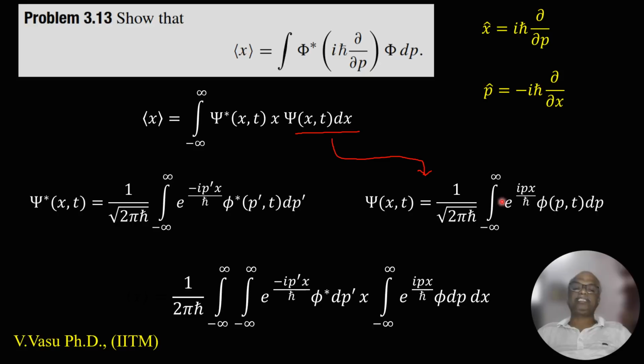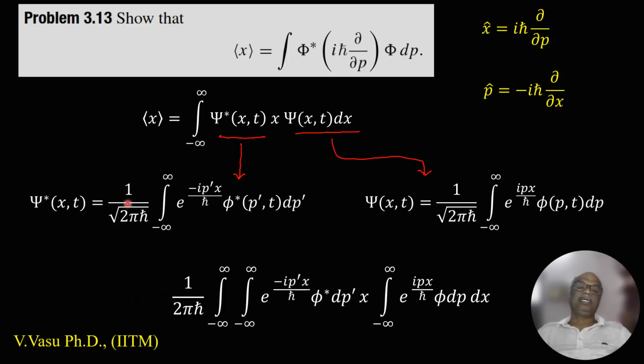Now what is ψ*? In the exponential term, plus i will become minus i. That's all. This is ψ*(x,t), where you will get Φ* of p, along with this exponential term.